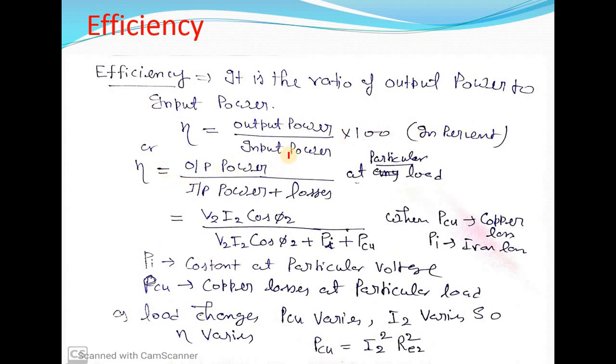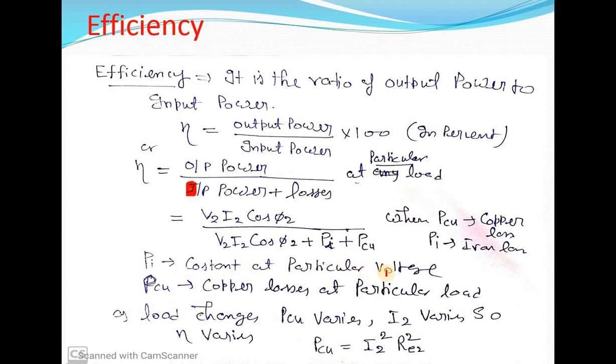Efficiency is given by the output upon input, and the input can be written as the output power plus losses. We know that output means V2 I2 cos phi 2, so it is V2 I2 cos phi 2 plus Pi, meaning iron losses, plus PCU, meaning copper losses at full load. If we want to calculate the efficiency at full load, then this term should be the full load copper losses.